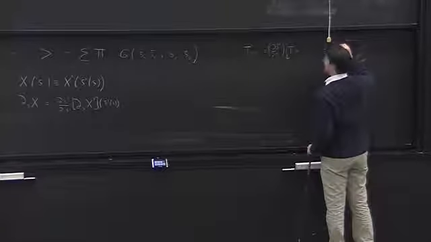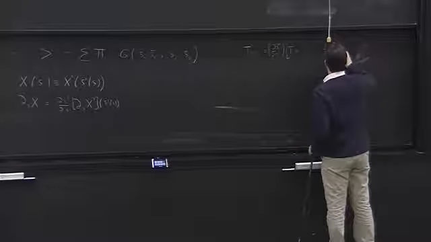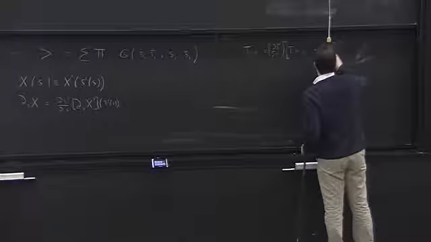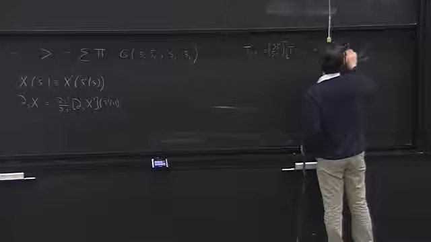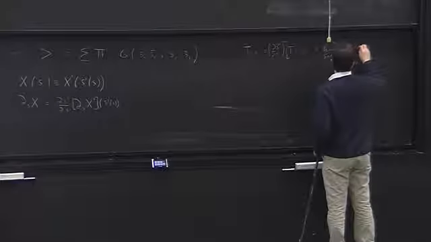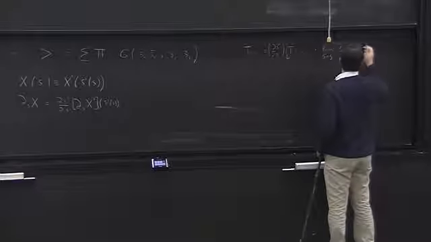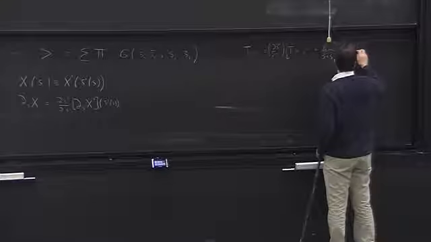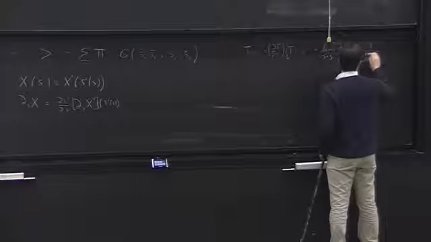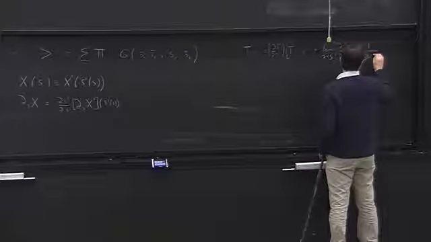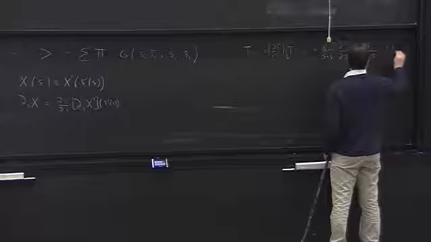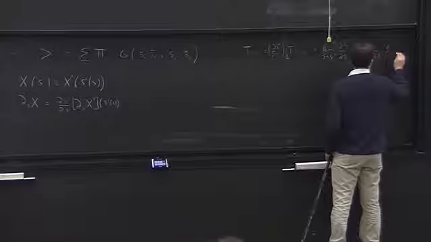I should get something like this. Well, I need a limit s prime to s. I get something there, tilde over ds, tilde prime over ds prime, 1 over (s tilde minus tilde prime) squared minus 1 over (s minus s prime) squared.